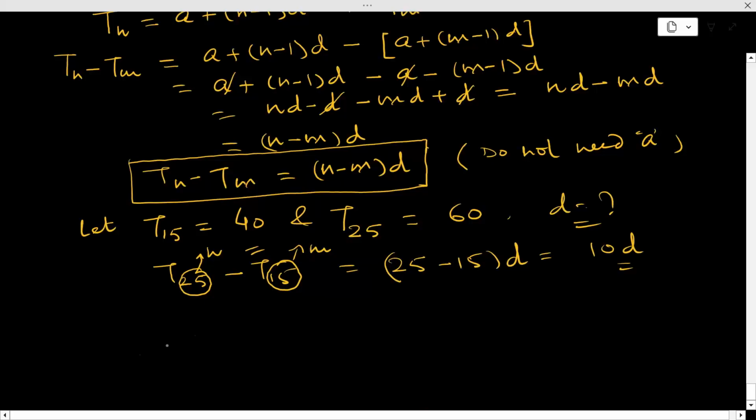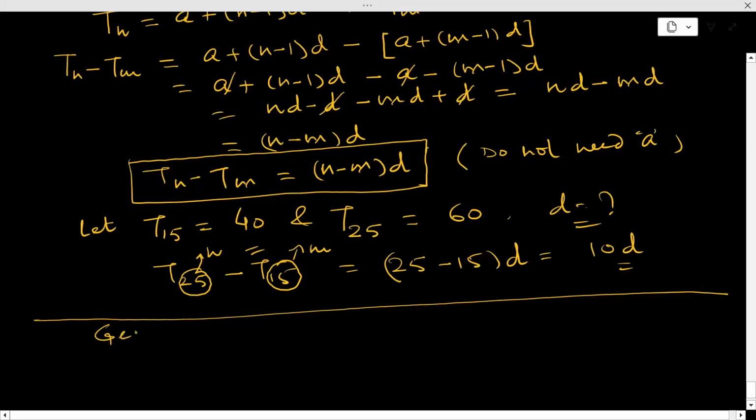Okay, now let us discuss another case. We are discussing the general term of an AP, and we have the formula. So again, let us write the formula of the general term: Tn is equal to a plus n minus 1 into d.